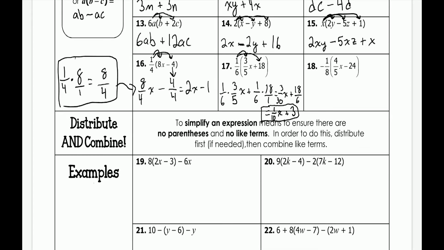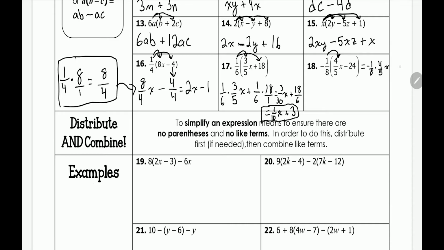Number 18. We have negative 1/8 being multiplied by 4/5 x minus 24. So we're going to take this negative 1/8 and we're going to distribute it onto the 4 over 5x. So I'm going to write over here to the side, we have negative 1/8 times 4/5 x.